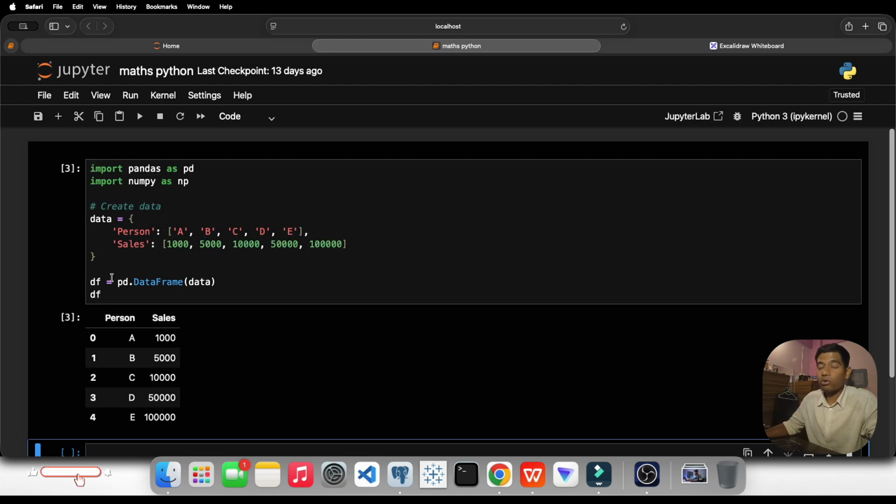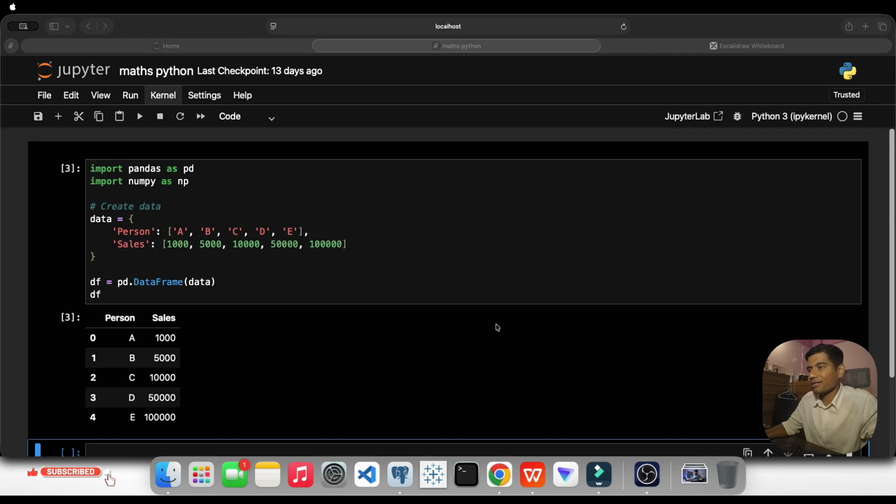You can use these codes anywhere, like Google Colab, Jupyter Notebook, whatever Python environment you are using, and also in VS Code as well. So it will work everywhere, no worries.